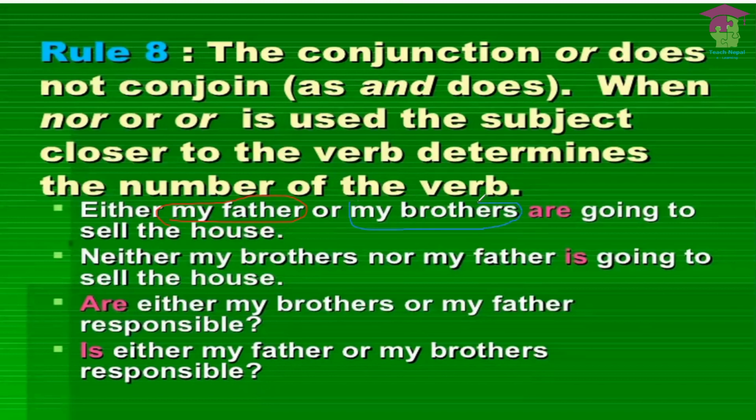So अब यसमा चाहिँ हामीलाई कुन आन्सर दियो त? Verb form are here, right? So either my father or my brothers are. So my brothers को लागि suitable verb form use गरिएको छ. You see here, right? Next, neither my brothers nor my father is.